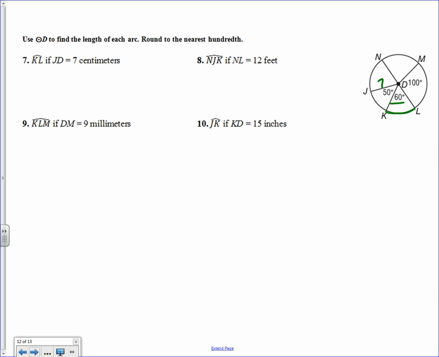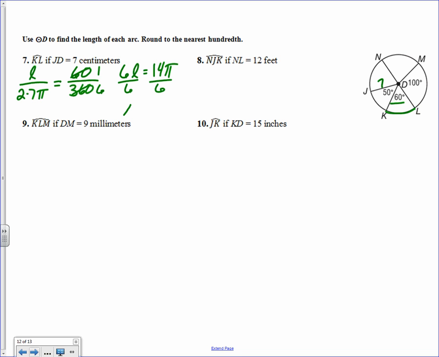So we have the arc length over 2 times pi times r, again r is 7, equals the central angle 60 over 360. If you want to simplify, you can. So we would get 1 over 6 here, and then when we cross multiply, we get 6 times the arc length equals 14 pi.